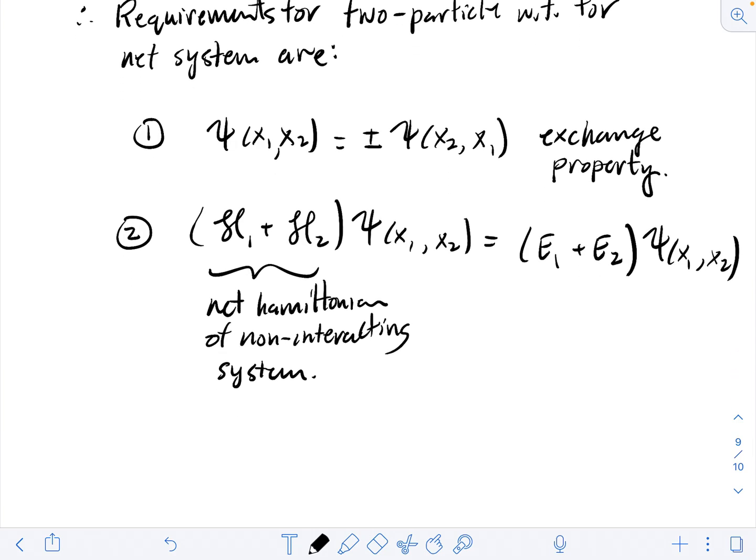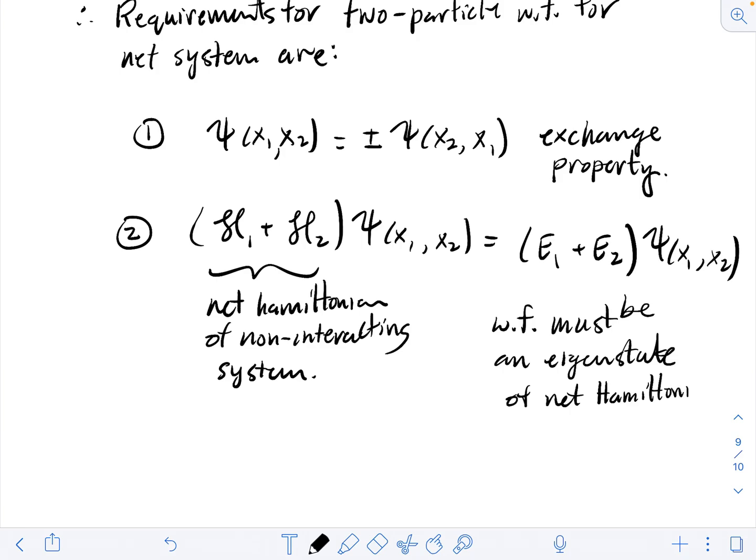So what requirement 2 really is, is that this two-particle wave function that we're going to try to construct must be an eigenstate of the net Hamiltonian.